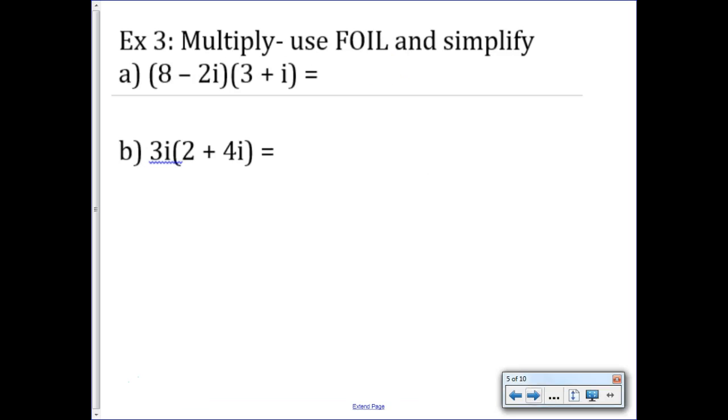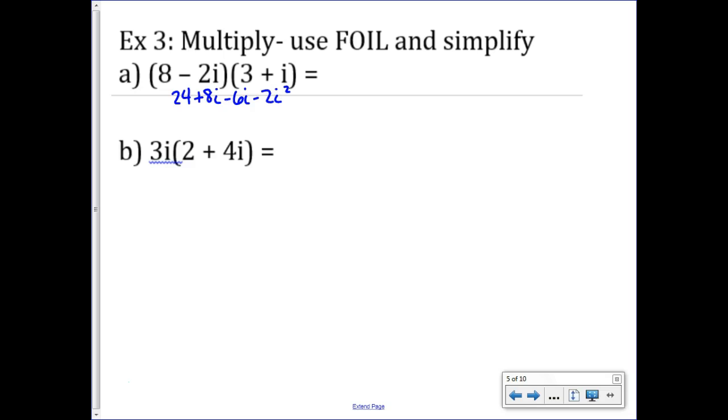When we multiply, we do the same kind of thing. So when we use FOIL, we have 8 times 3 is 24. Outside is plus 8i. Inside is -6i. And last is -2i to the second power.